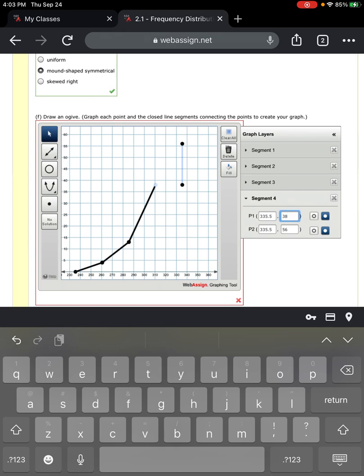And then, wait a minute, 310. Sorry about that, y'all. All right, so now I've got it connected to the end of the previous one. And then in the fourth row, we have 335.5. Cumulative frequency over there is 54.